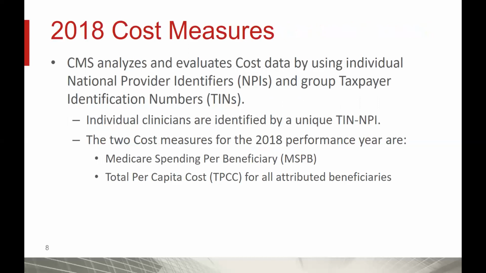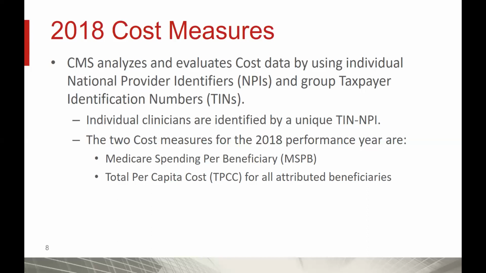So CMS will analyze and evaluate your cost data by using your individual NPI if you're participating in MIPS as an individual, or your group payer tax ID number if you're participating as a group. Individual clinicians are identified by a unique tax ID and NPI. There are two cost measures for the 2018 performance year, and the first is known as the Medicare spending per beneficiary.